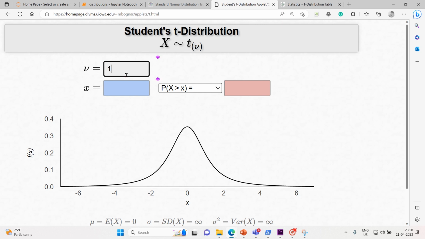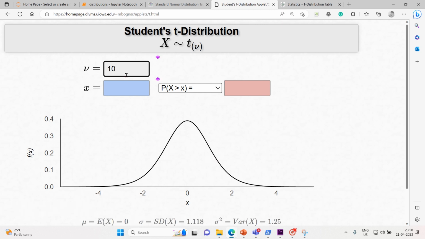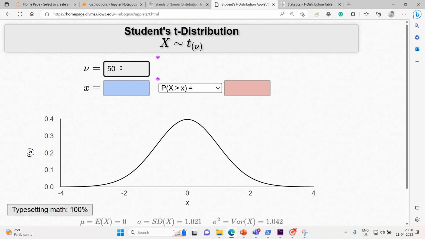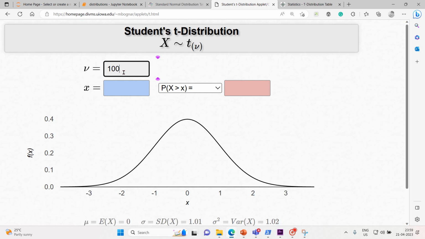Let me put it to 10. So it's becoming better. And let me bring it up to 50. So it's becoming even better. If I increase that, it's becoming better still.